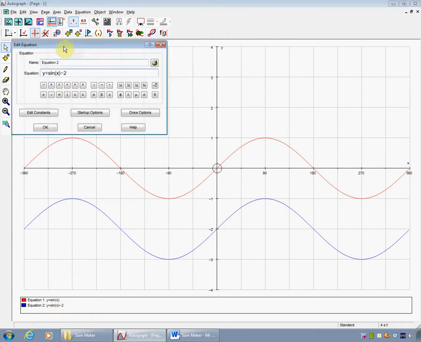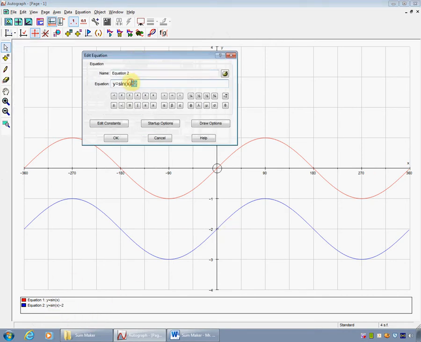Let's pop in here, and let's change something inside our brackets. Now I can't just add 1 or 2 to my sine of x, because we're talking degrees here, and it goes up to 90, 180, 270, 360. So if I just moved it along 1, we'd barely see it. So let's move it along 30, shall we?